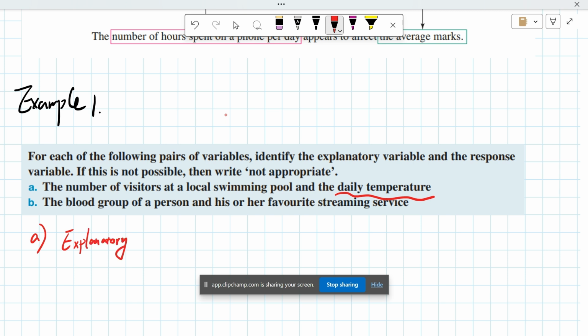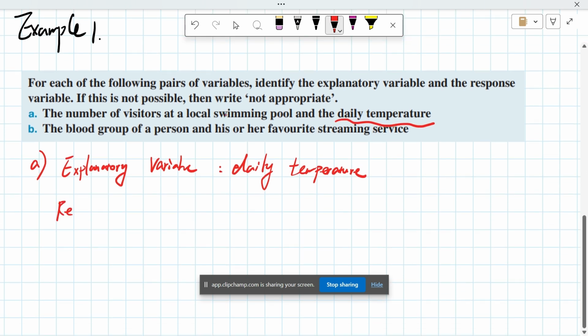Because the daily temperature affects the local swimming pool, the number of people visiting, which is the response variable, the visitors.